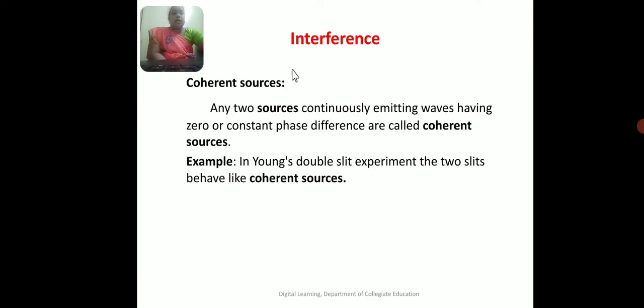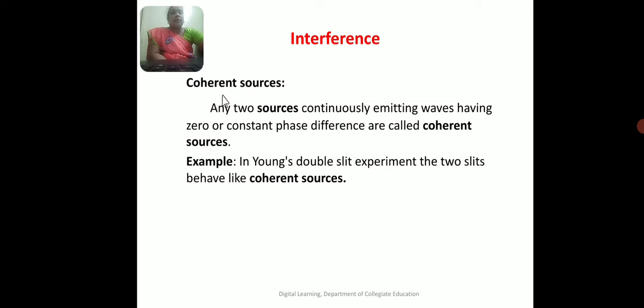So what is the main condition for interference of light to occur? I already explained that in the interference phenomenon we are using two sources, or two waves from the same source. Those two sources are named coherent sources.